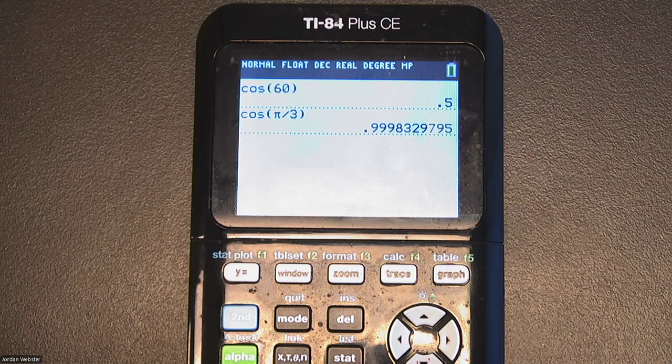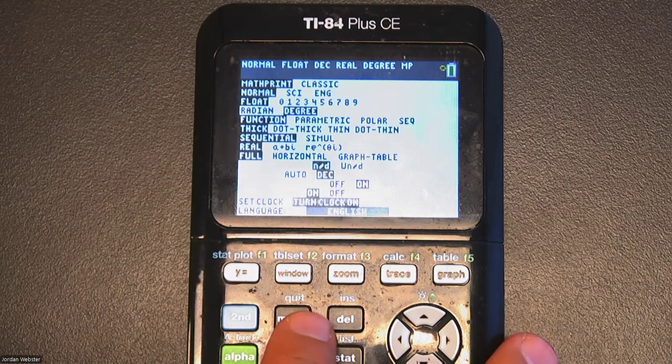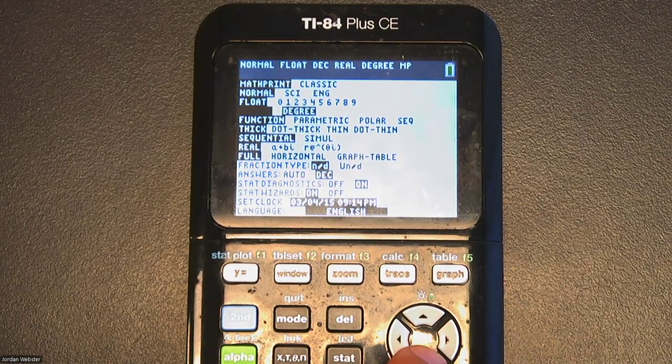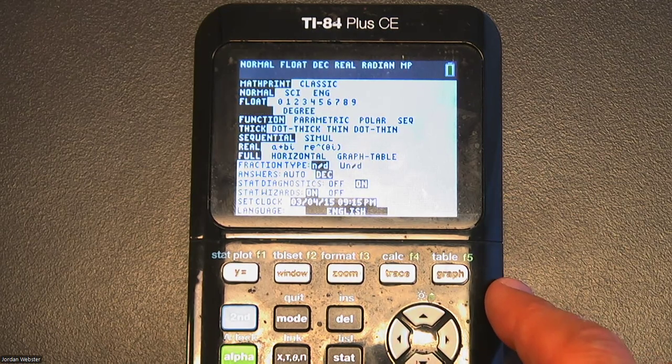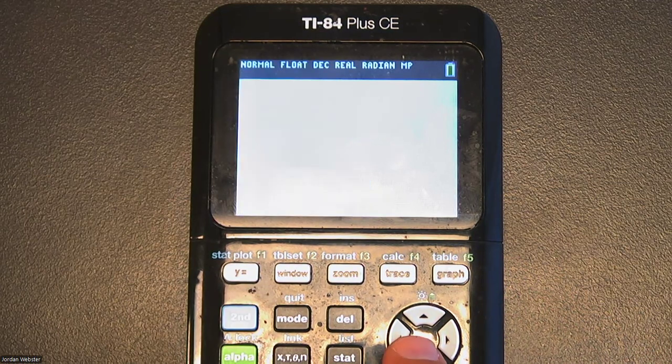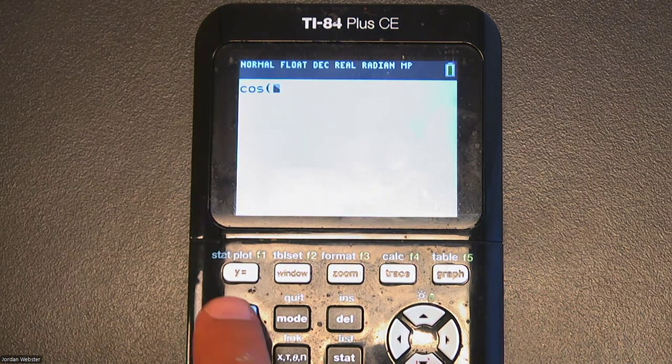Everybody get that? The way you do that is you go into the mode menu and then click on whether you are using radians or degrees. If I use radians, I click on that and then hit quit. And then I can do cosine of pi/3.